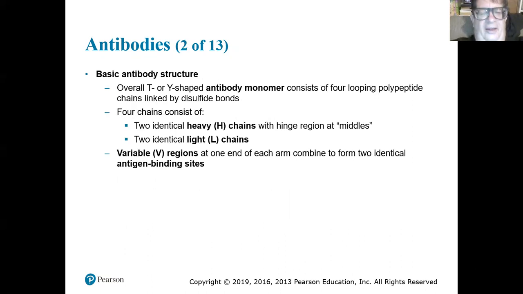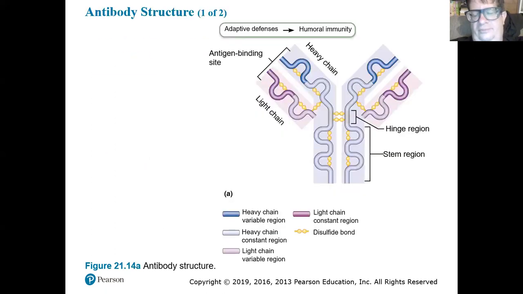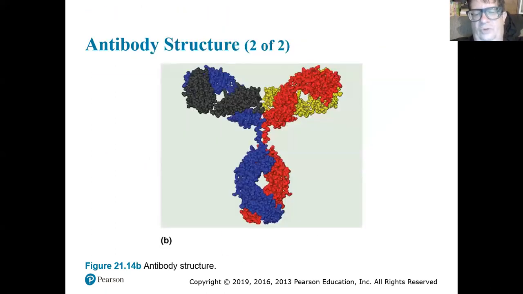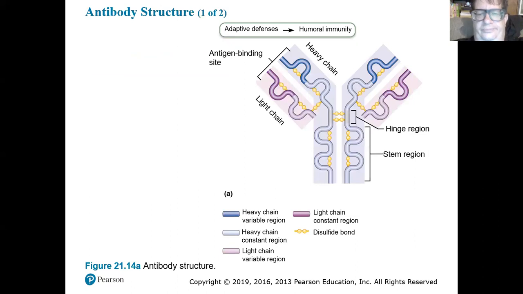What they're saying, here's a picture, here's another picture. When you look at these, if you think of it as a Y-shaped molecule, the end is the antigen binding site. The ends of the Y sticking up, like antigen binding site over here, antigen binding site over here.